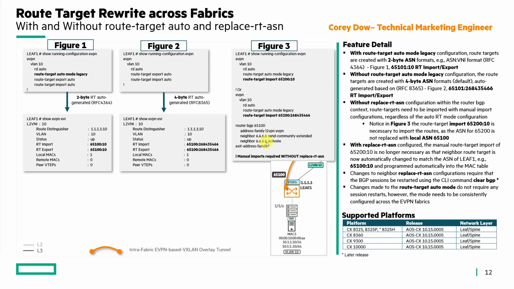Our neighbor 6.6.6.6 is the border VTEP. Without replace RT-ASN, the original route target still comes in as 65200 as the ASN, when the ASN for this router is 65100. That won't get rewritten unless you issue the replace RT ASN command. So keep in mind that manual route targets are still needed if you don't use the replace RT ASN command.